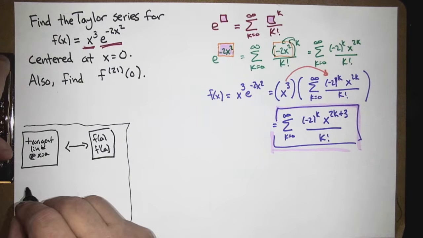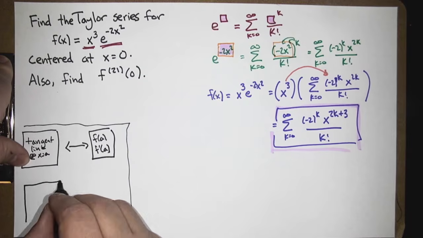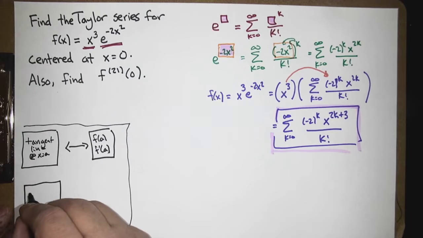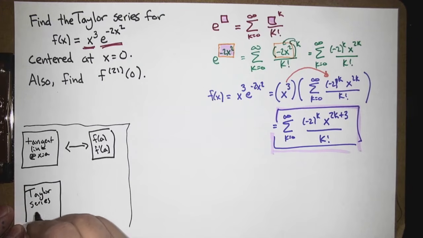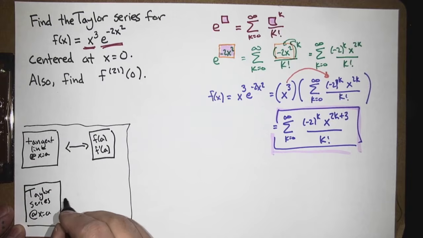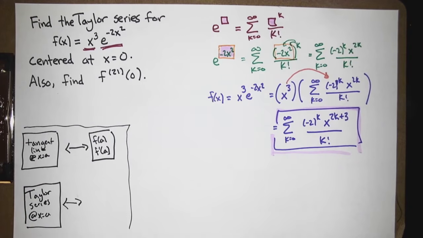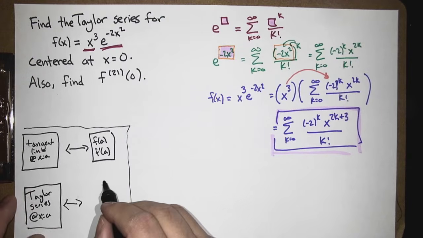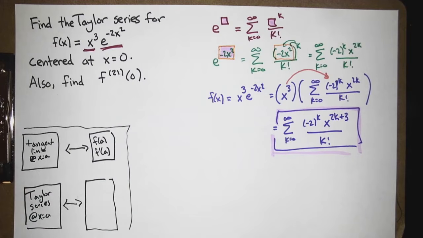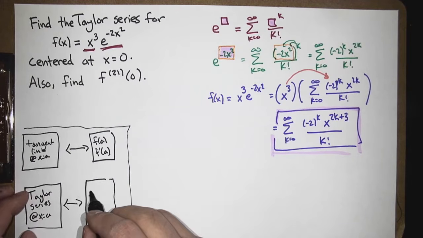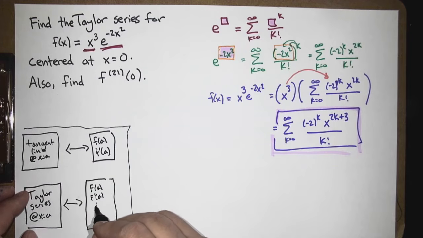Now we're here at Calc 2. And we say, well, now we're not doing a tangent line. We're going to do a Taylor series at x equals a. What do we have now? The tangent line had two pieces of information. What does the Taylor series have? It has f of a, f prime of a, in fact all the derivatives.